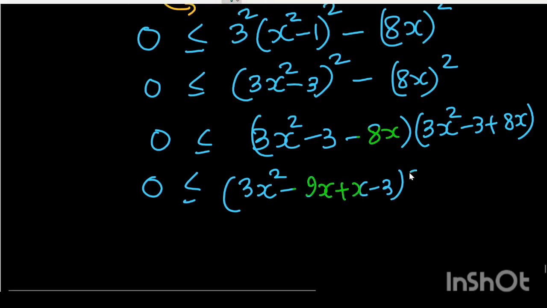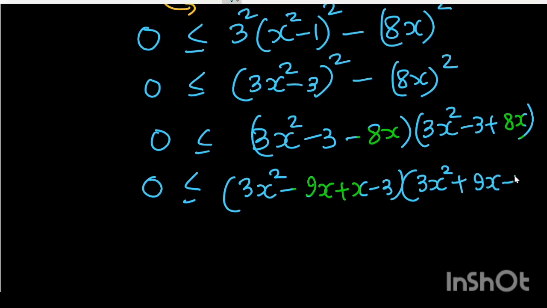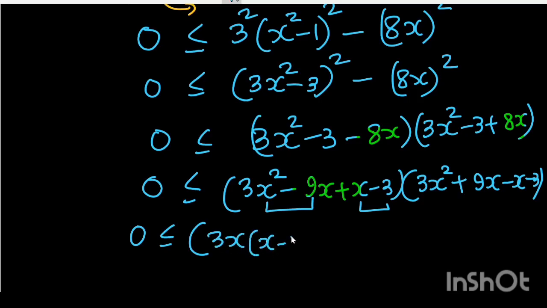Okay, now here 3x square plus 8x we will write as 9 minus 1, x, so plus 9x minus x minus 3 as it is. So now we can take 3x common from here, and x minus 3 as usual. Taking 3x common, we will get x minus 3, plus x minus 3 as usual.